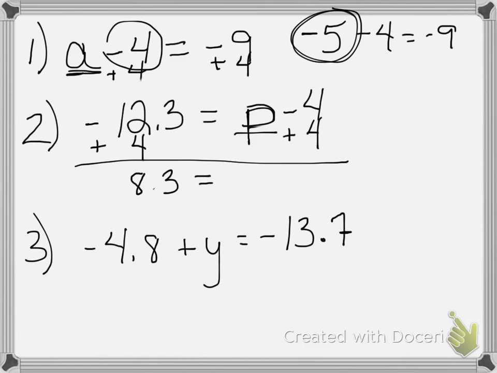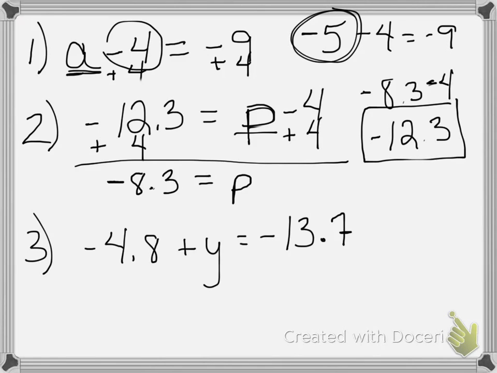Keep the sign of the larger number, so it's -8.3 is equal to P. Once again, I would plug that back in and check. -8.3 minus 4. Since we're subtracting, we just add them and keep that same sign. So -8.3 plus a -4 is -12.3. That is correct.